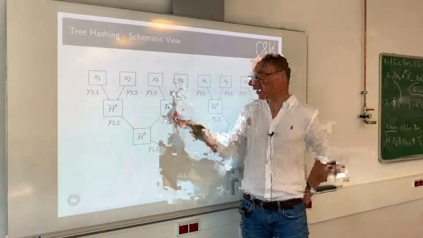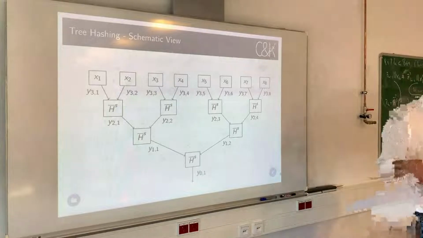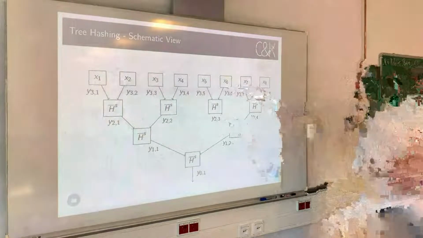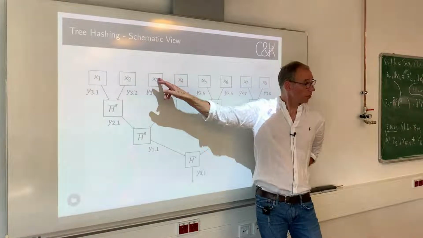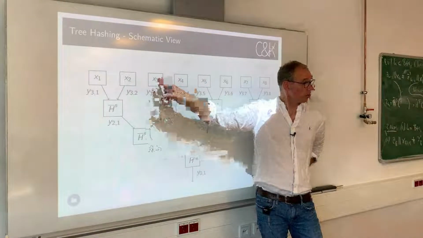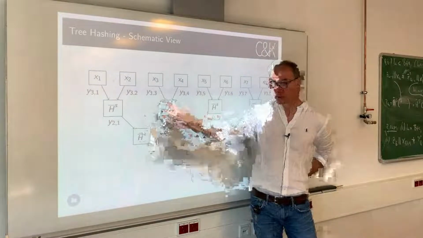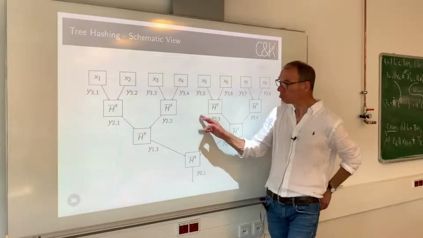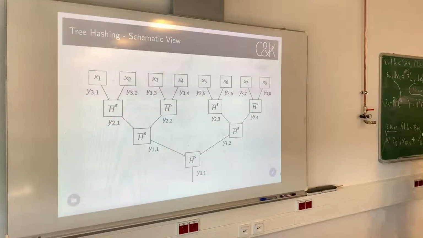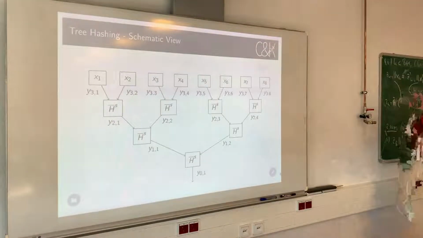And what you can argue by looking at it is that if he wants to give you a wrong element here, he has to find a collision somewhere along this path with the descendants. It's not so difficult to prove this. Look at a few cases, and then you'll manage to find that.